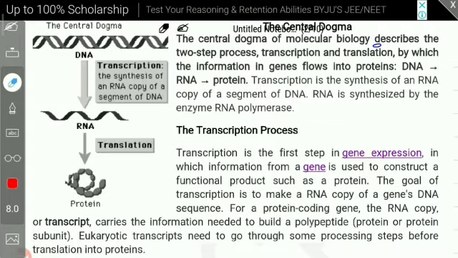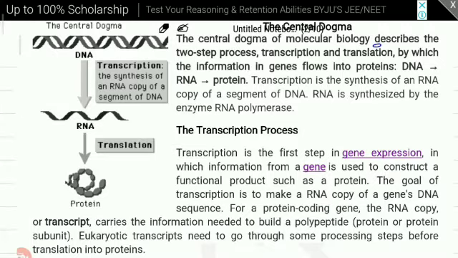One is transcription, another one is translation, where the information flows from DNA to RNA, RNA to proteins. Now, today in this video we are going to see the transcription process, that is the transfer of information from DNA to RNA.